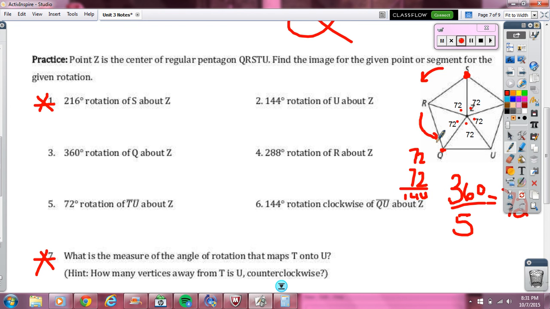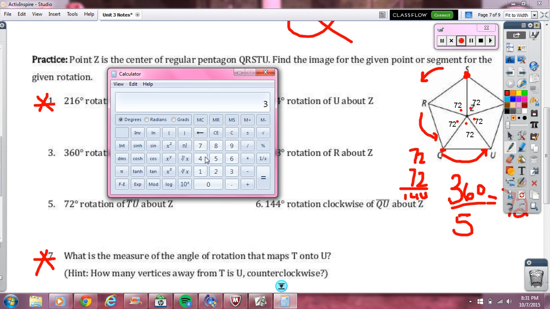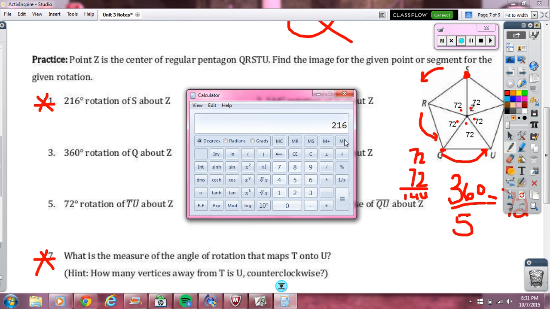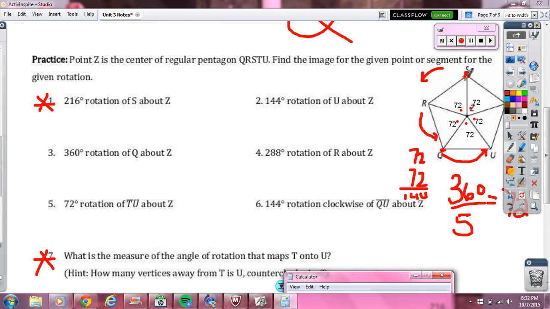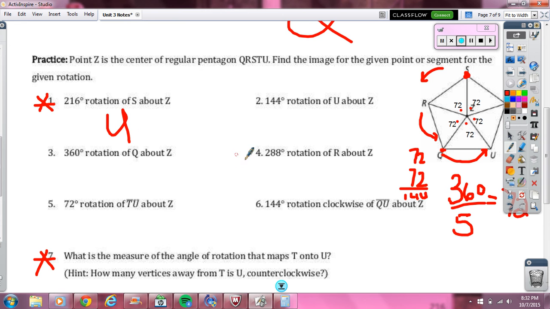If I go one more to U, I'll have gone 72 times 3, which gives me 216 degrees. So I go from S, 1, 2, 3 spots to point U, and that is the image, the place I end up if I'm rotating 216 degrees.